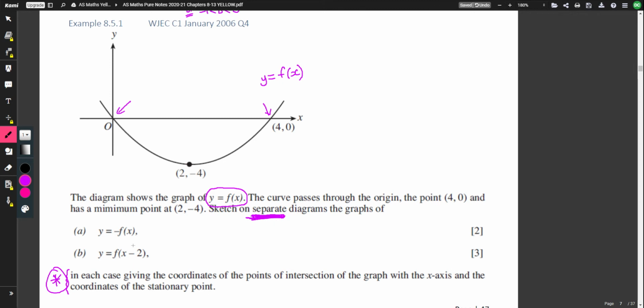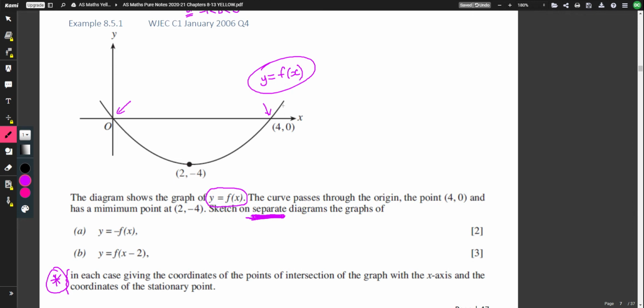So the first one, y equals minus f of x. But at the moment the graph is f of x, what would minus f of x look like? Well, remember f of x is the same as y. So minus f of x is kind of the same as minus y.